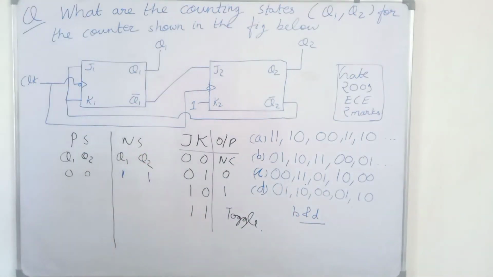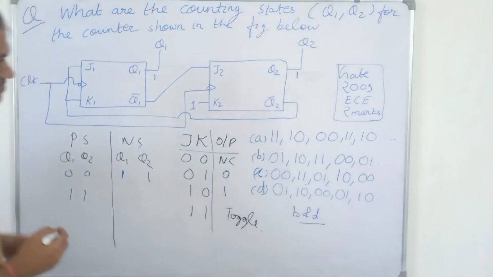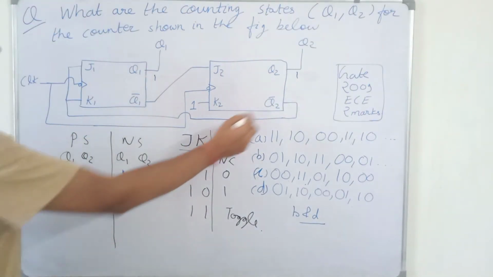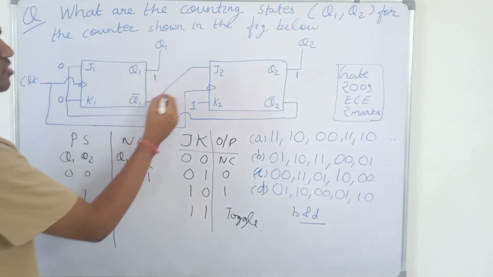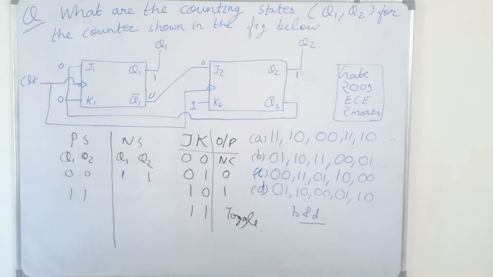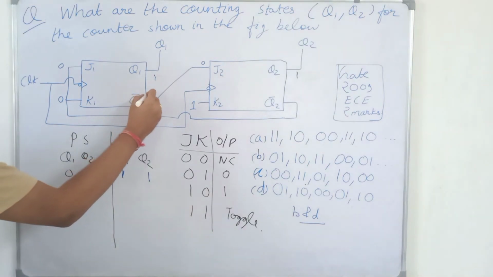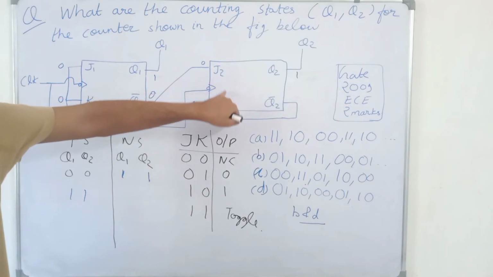So now we will assume the state as 1 1. So Q1 is 1, Q2 is 1. So Q2 bar will be 0 and Q1 bar will also be 0. So if Q1 bar is 0, J2 is 0, K2 is 1.